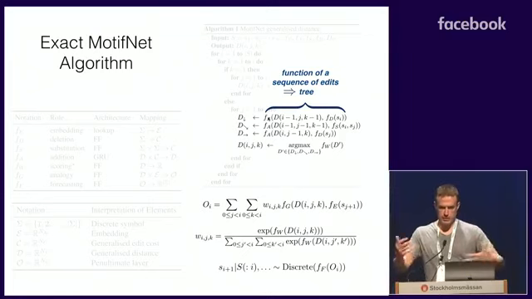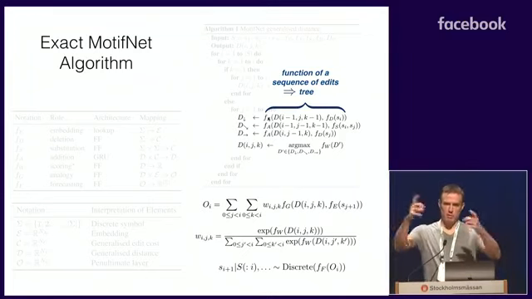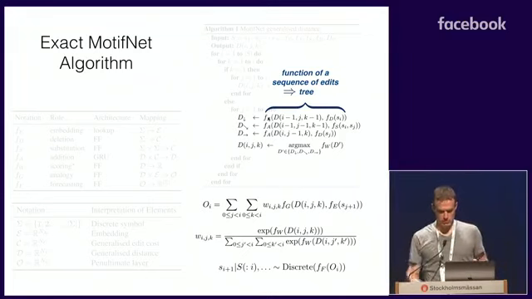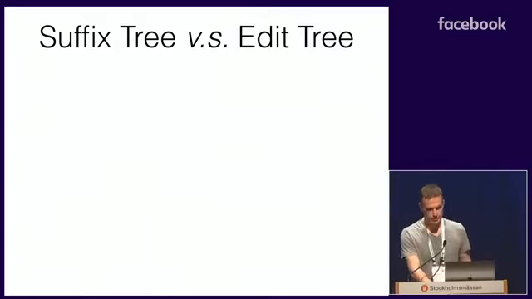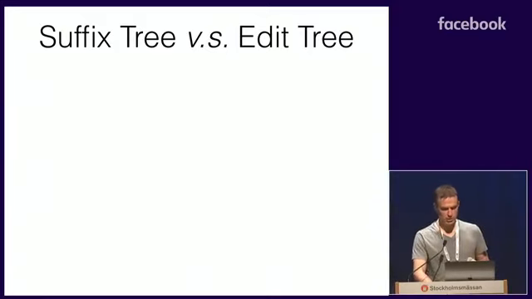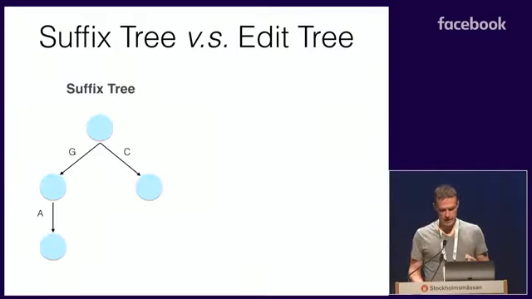Particularly if we assume that there is self-similarity in the data, we will tend to go down the same paths quite often. So that brings us to the edit tree. It's interesting to think of the edit tree in the context of the suffix tree, which is a more studied data structure in sequence prediction. So the suffix tree basically has edges which are indexed by symbols.